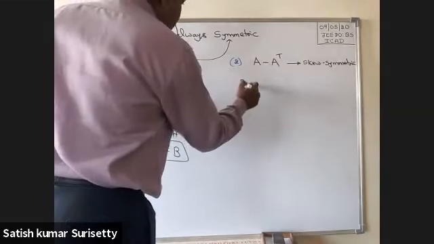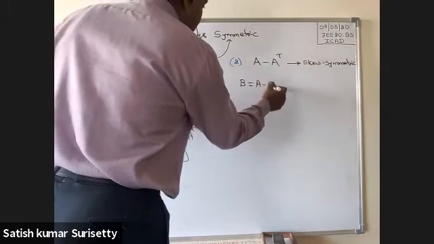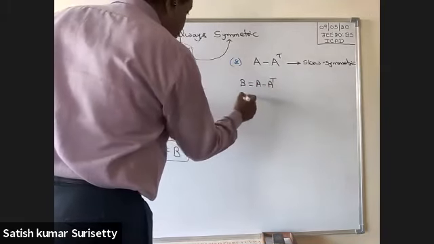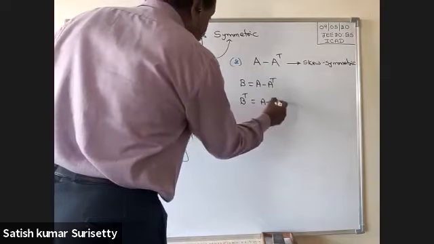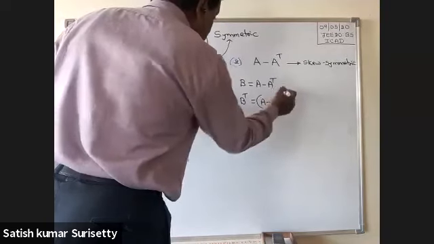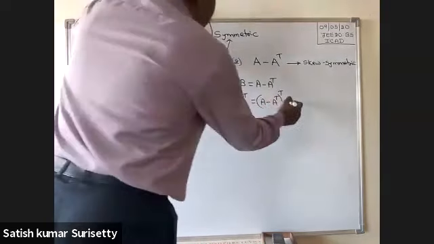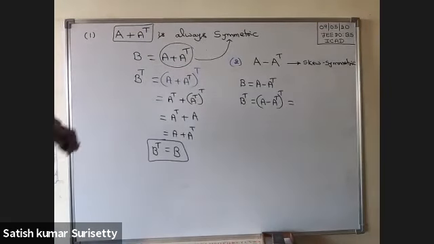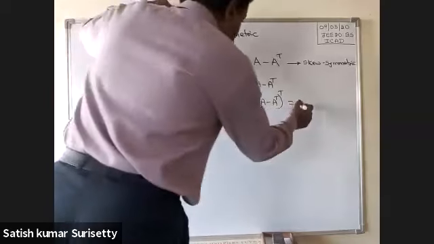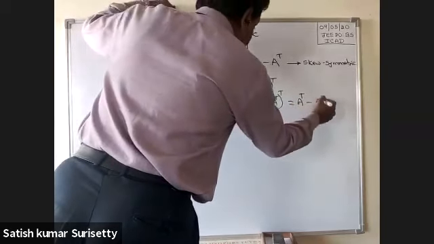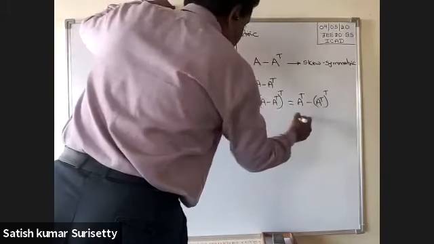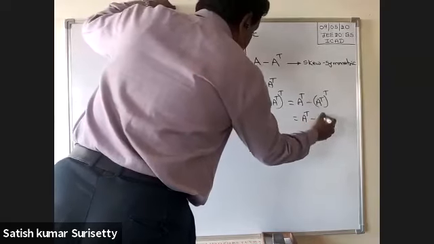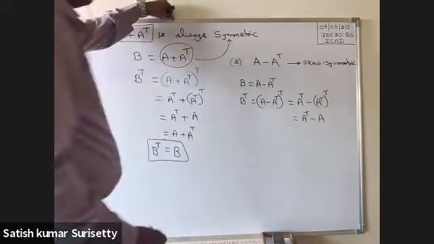So take B equal to A minus A transpose. B transpose equals A minus A transpose whole transpose. That is, transpose of difference of two matrices is equal to difference of their transposes. That is A transpose minus A transpose whole transpose, that is A transpose minus A. But B equal to what?